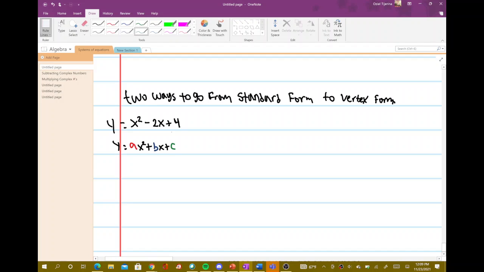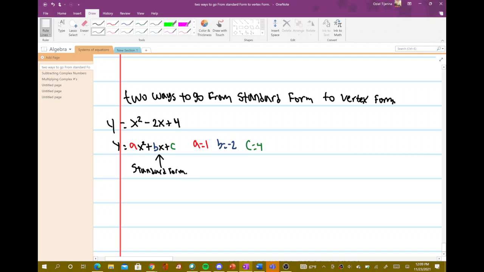And we know that here a equals 1, b equals -2, and c is equal to 4, right? Now, this is what we call standard form, okay?